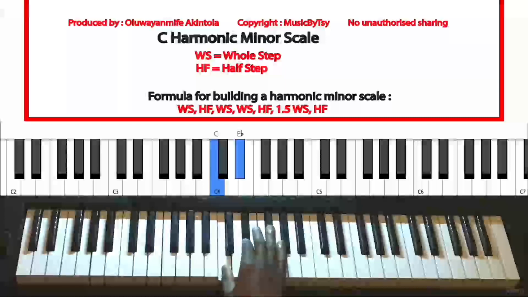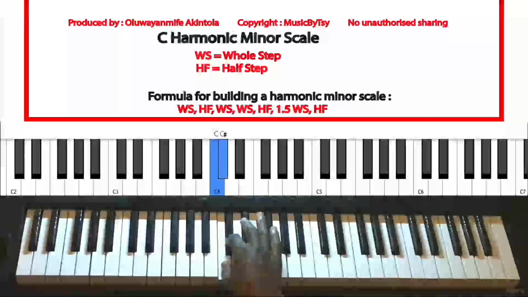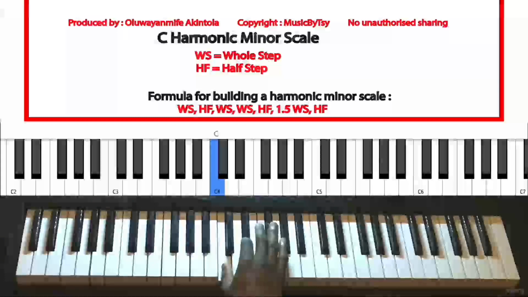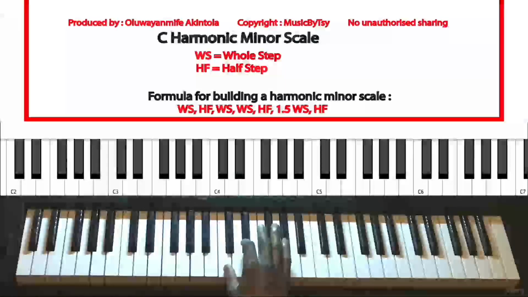So moving to the next key without skipping any key is a half step, skipping one key is a whole step, and skipping two keys is 1.5 steps. I'm defining these terms because we're going to be using them in the formula while constructing the C harmonic minor scale.